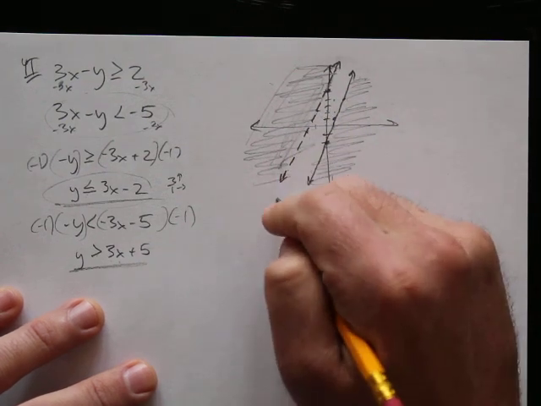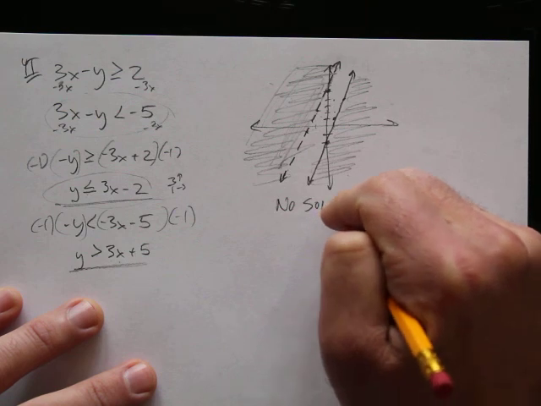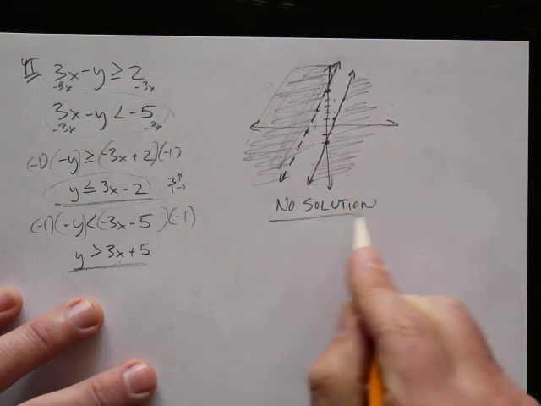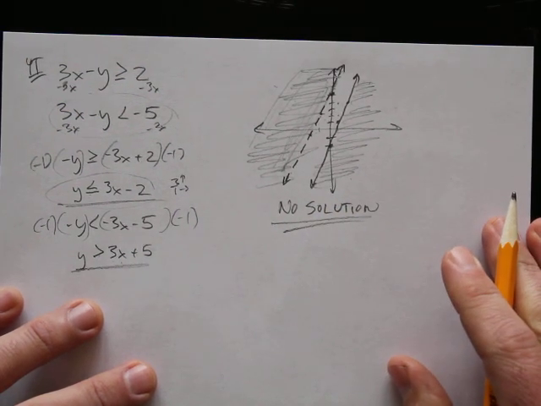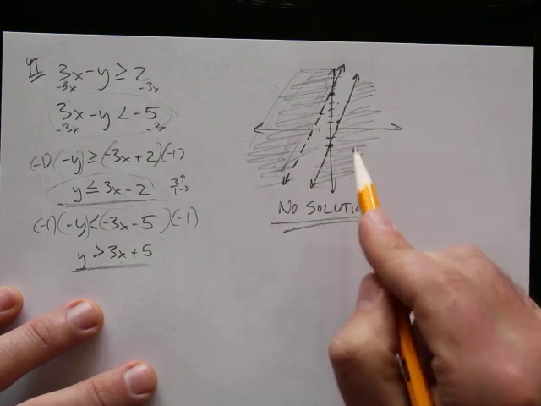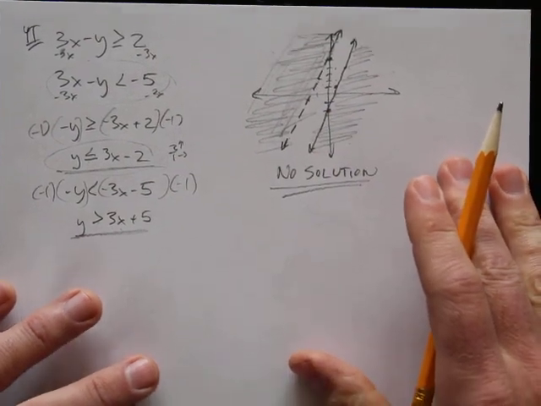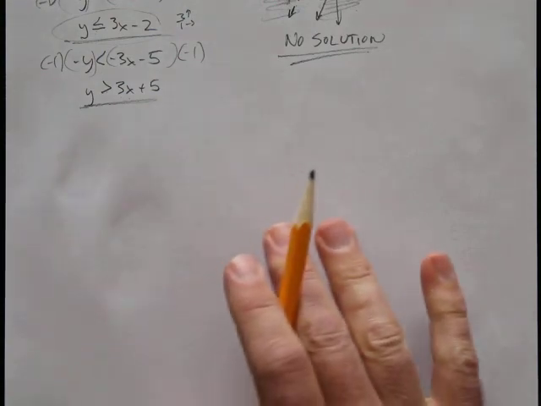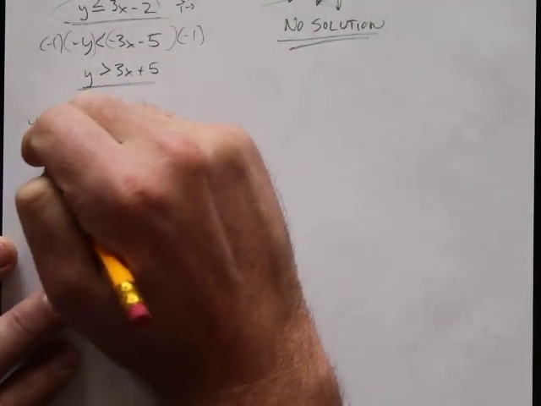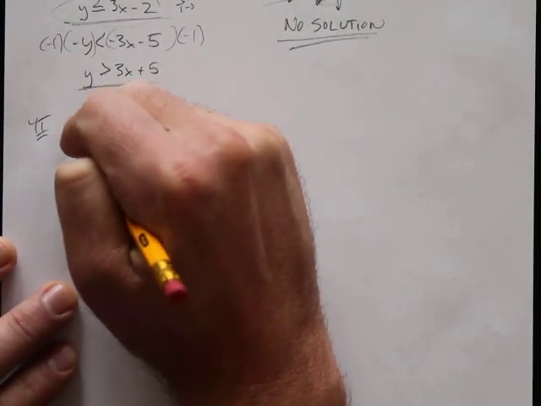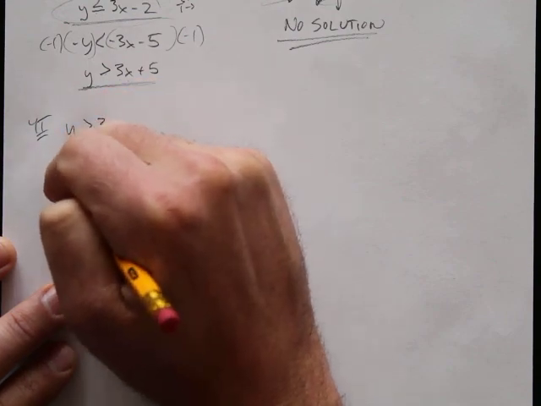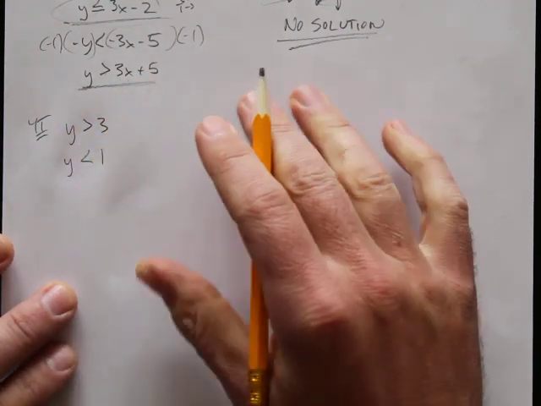If that happens, no solution is the answer to your inequality. They never overlap, therefore there is no solution. All right, we got 2 more U tries. U try, y is greater than 3 and y is less than 1.